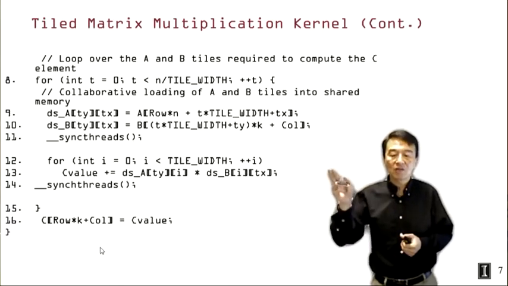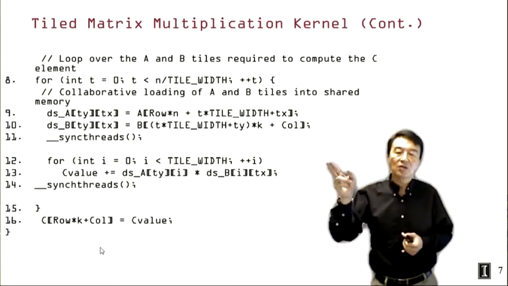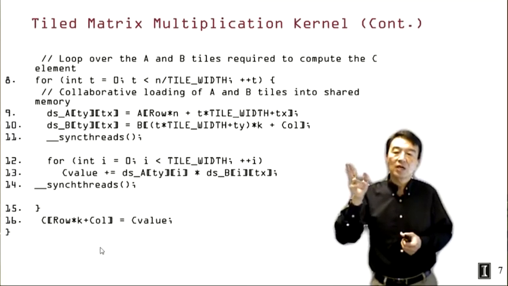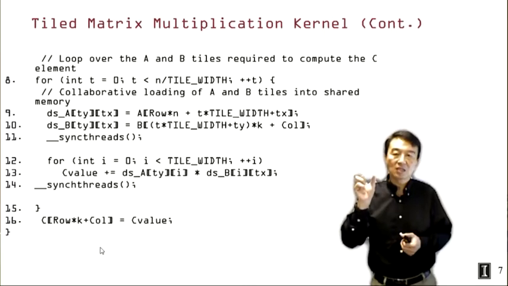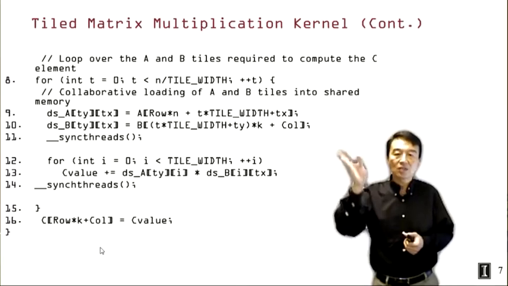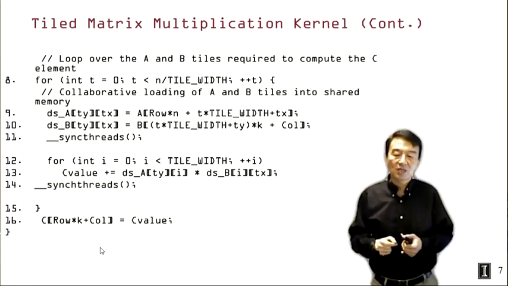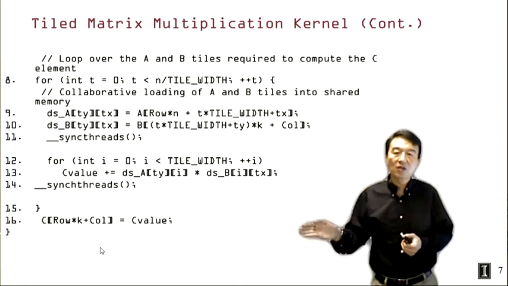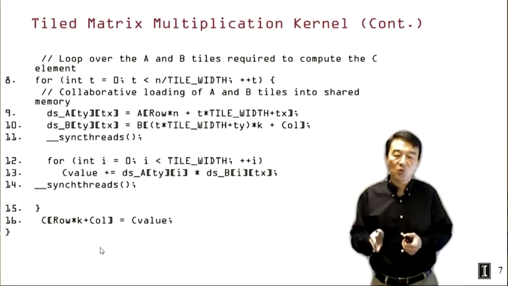We're going to start from phase 0, and then go all the way to n divided by the tile width. This gives us the multiples of n relative to the tile width, so it gives us the total number of tiles. So we're going to iterate from 0 to the total number of tiles minus 1.